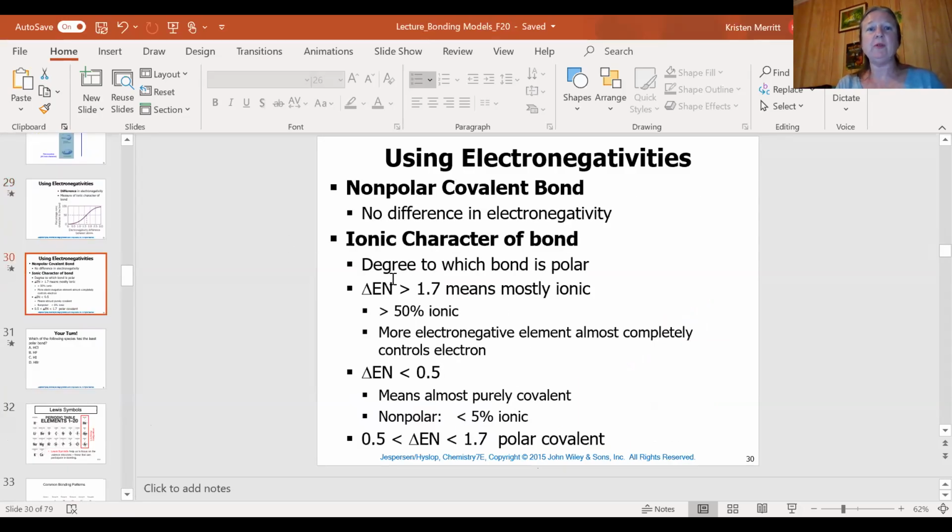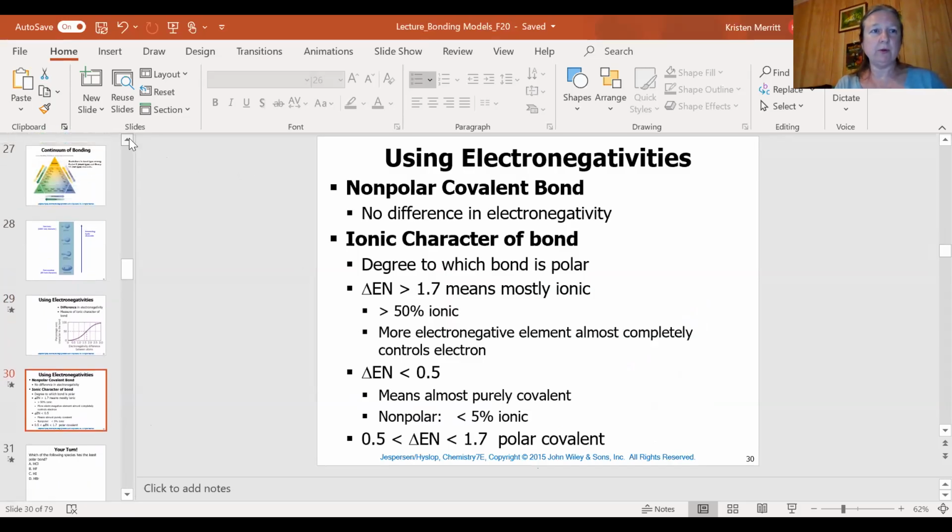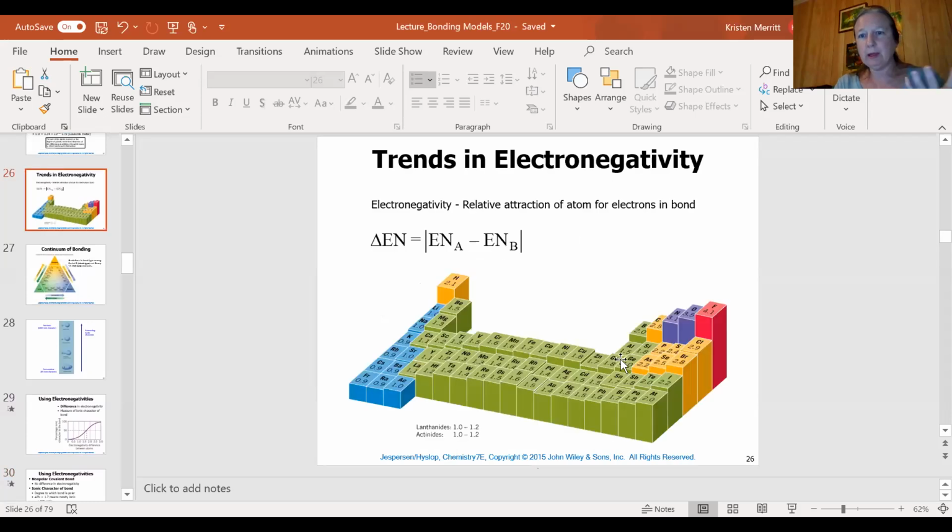So any difference in electronegativity that is greater than 1.7 is mostly ionic, which means it's more than 50% ionic. Less than 0.5, so let's go to our table and look at, I don't know, sulfur and phosphorus, if we have a compound there, or how about carbon and sulfur? We get that a lot. Carbon disulfide.